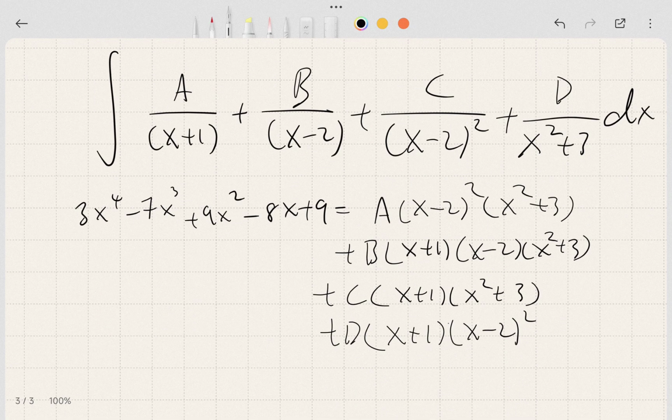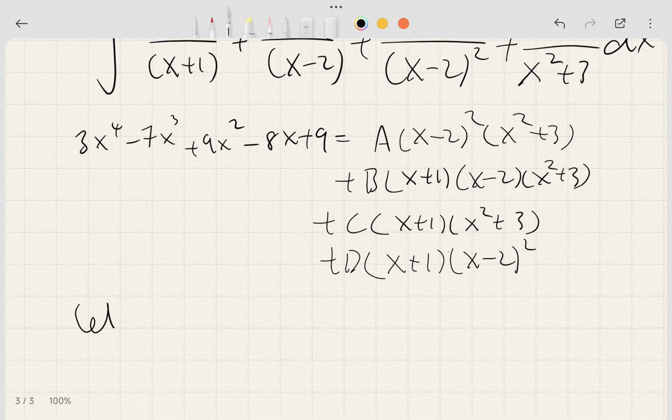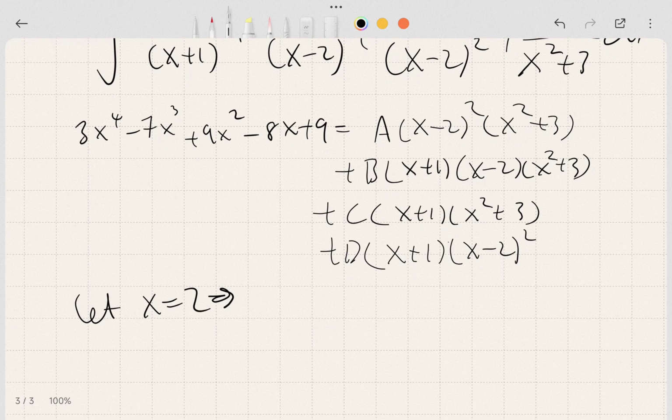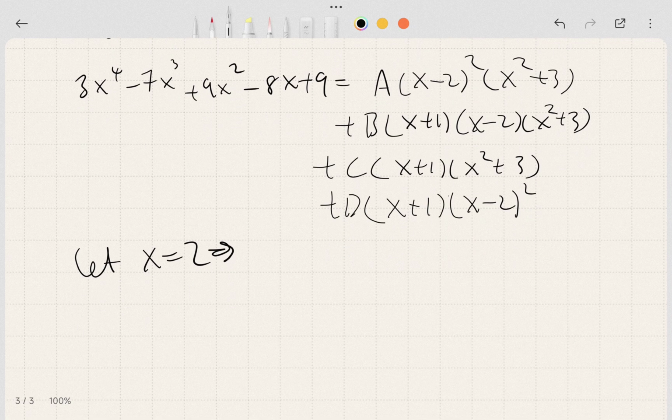So now we let x is equal to 2, and on the left hand side you have 3 times 2 to the power of 4, which is 16, and 3 times 16 is equal to 48, minus 8 times 7, which is 56, plus 4 times 9, which is 36, minus 16 plus 9.